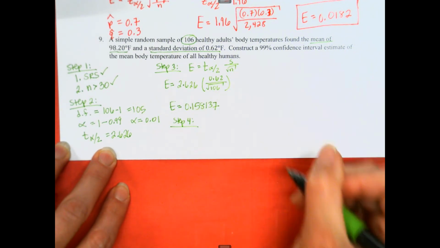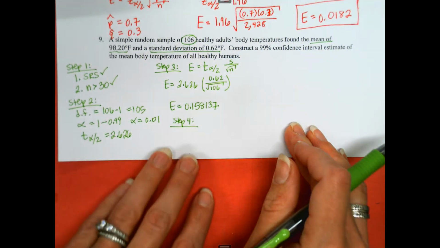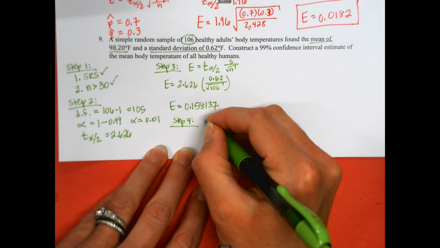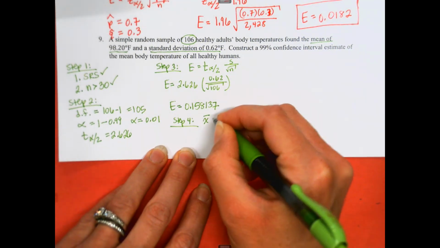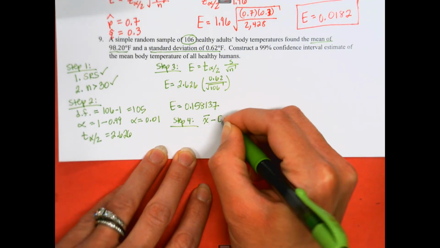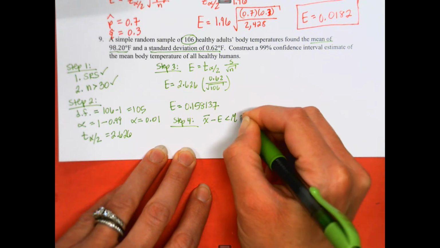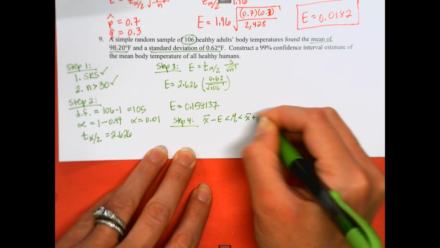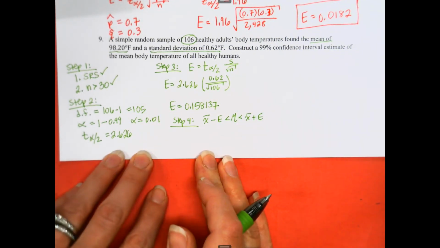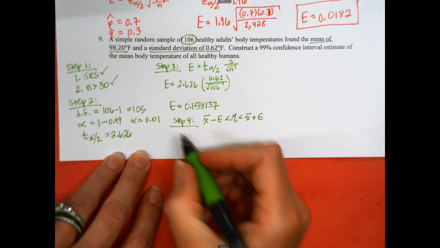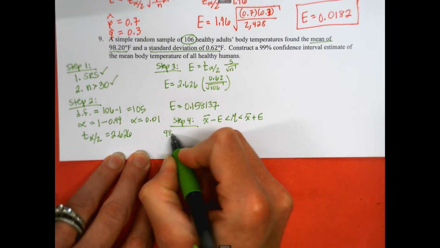Once we do that, we can create our interval. We're going to take our sample mean and subtract our margin of error, and take our sample mean and add our margin of error to get our interval. Our sample mean was 98.20.